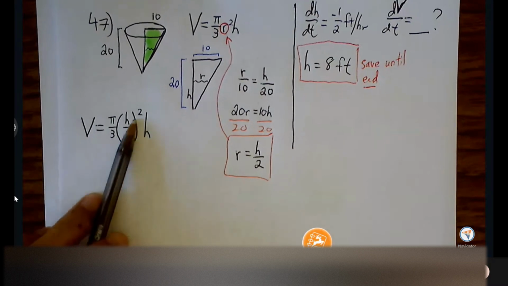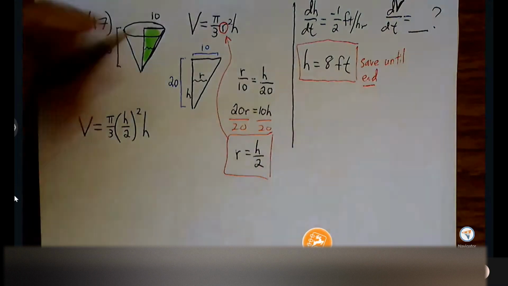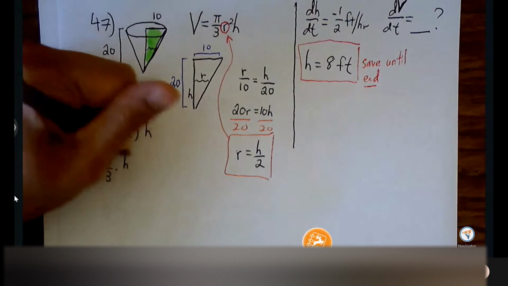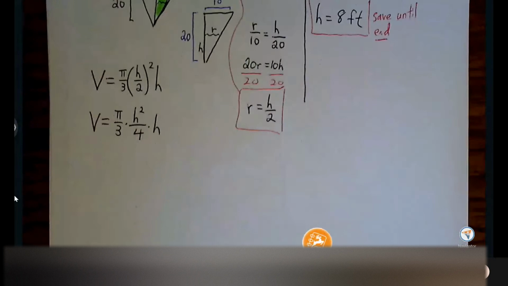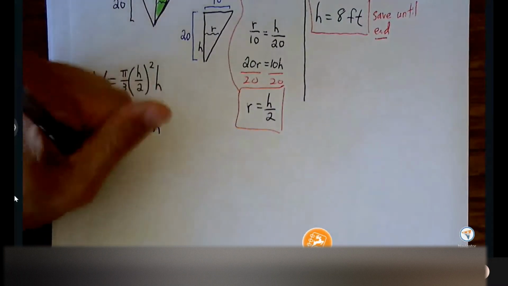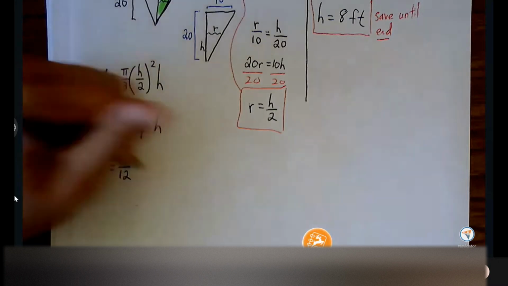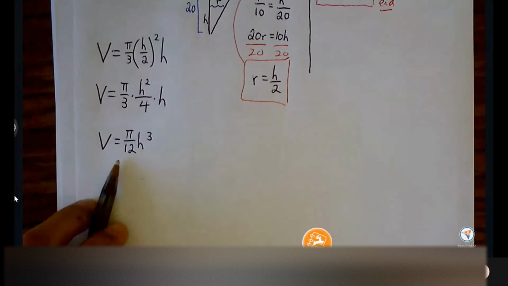So we're going to square this expression. We're going to clean up, push the coefficients in front, combine the variables together. So 3 times 4 is 12. I can push that out in front. The h squared and h can be combined to be h cubed.